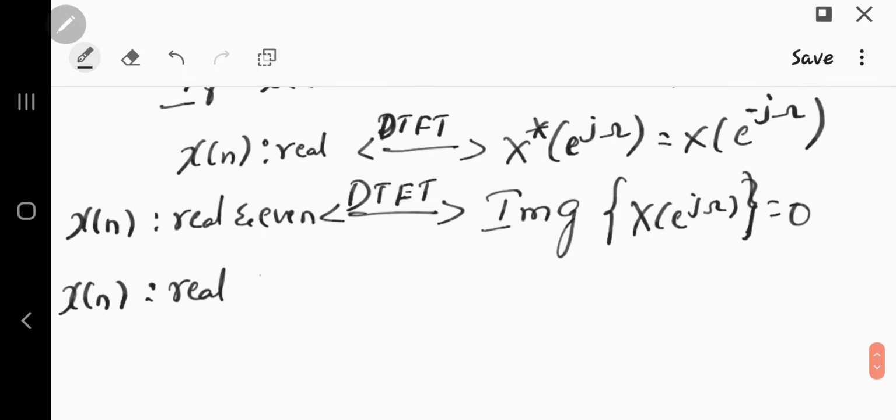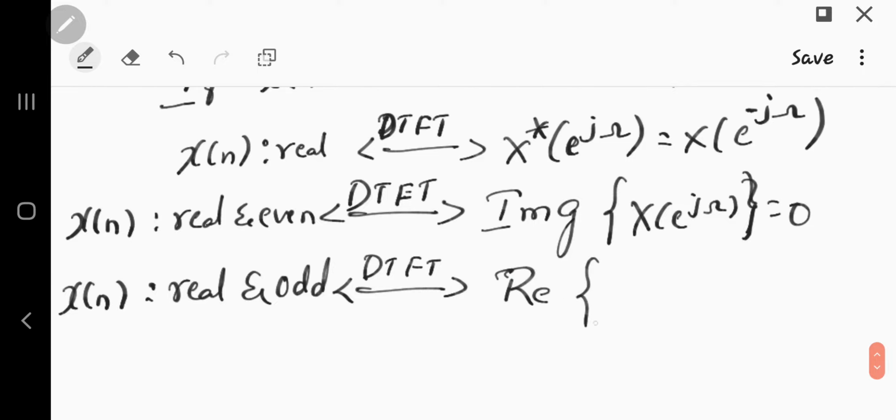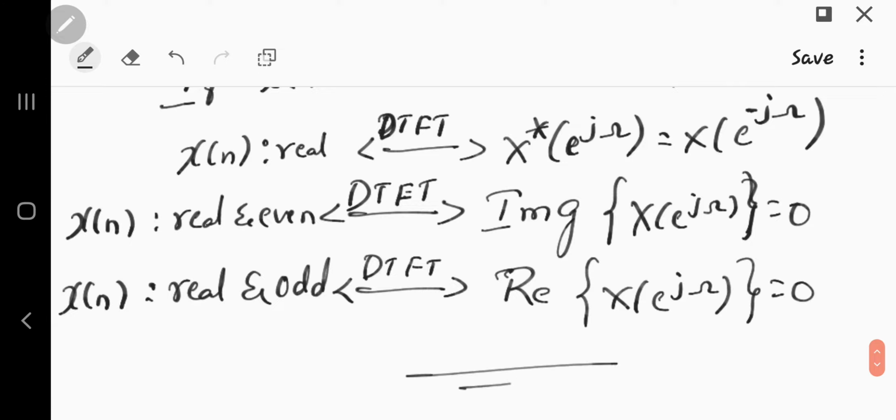If x of n is real and if it is odd, then the real part of X of e power j omega will be 0. So, this is what the symmetry property says here.